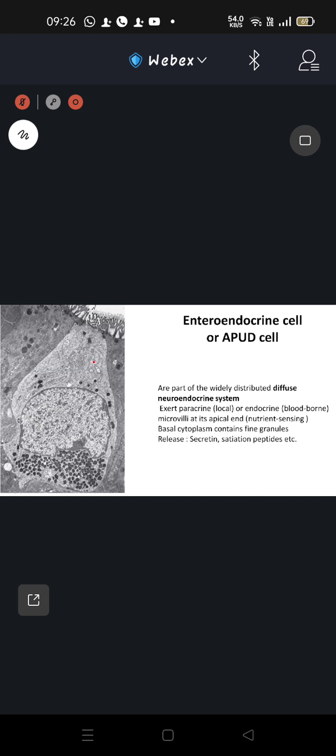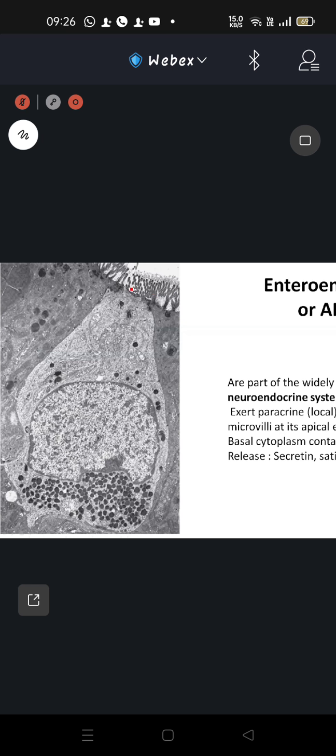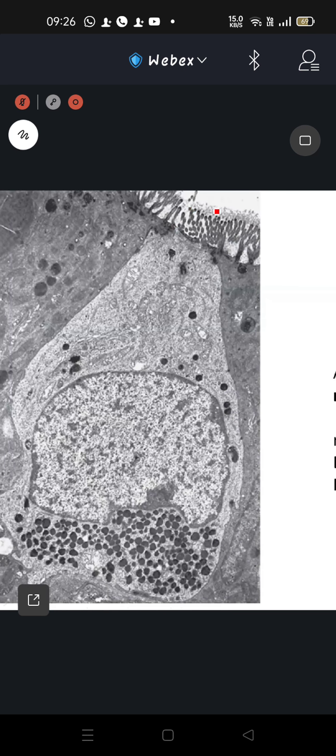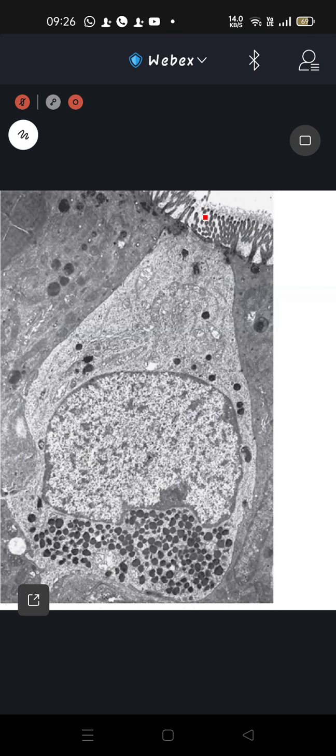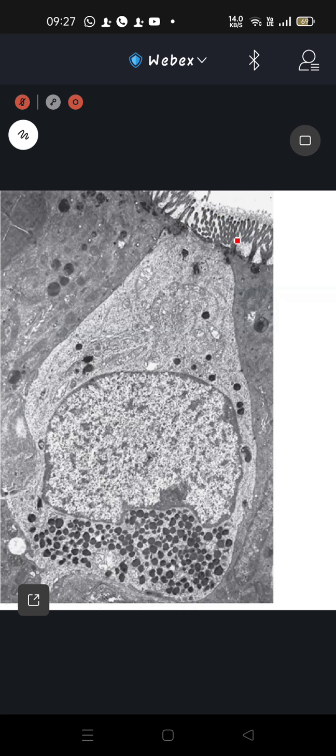What we see here is that these enteroendocrine cells are of both types; some contain microvilli and some don't, but those having microvilli are shown here. These microvilli present at the apical end are the nutrient sensing mechanism, similar to that of the gustatory cells in the tongue.